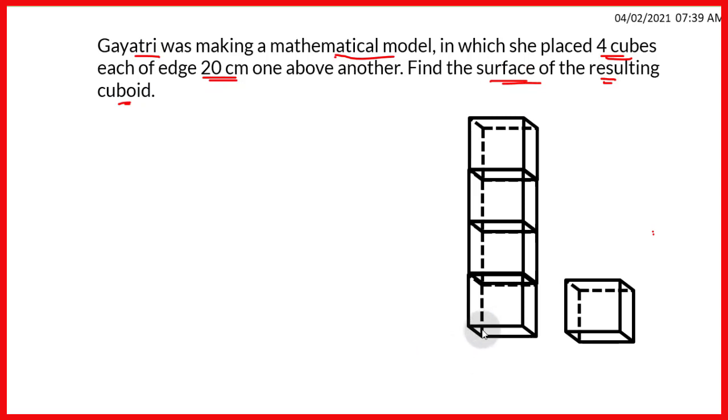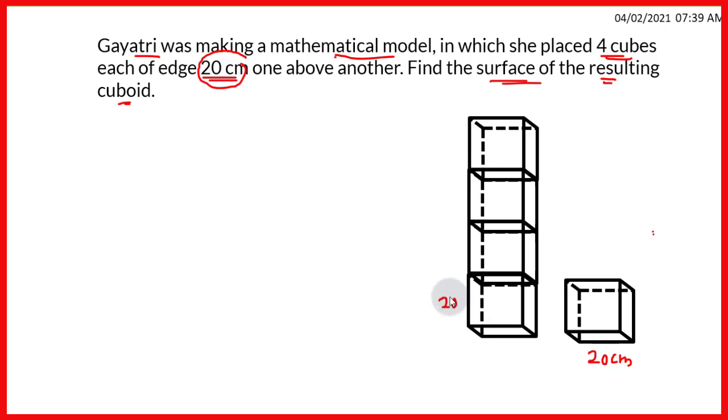Gayatri was making a mathematical model and she placed 4 cubes, one above the other: first cube, second cube, third cube and fourth cube. It is given that the edge of the cube is 20 centimeter. And since she has placed 4 such cubes one above the other, the height will increase.